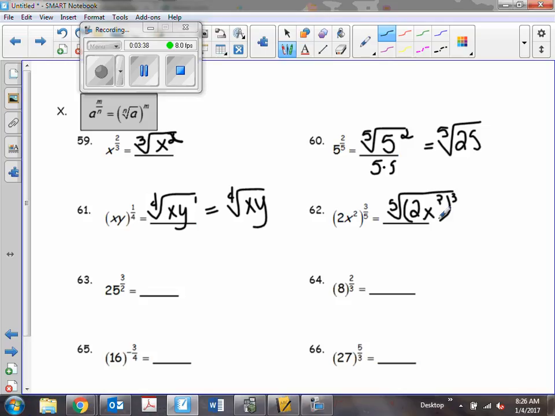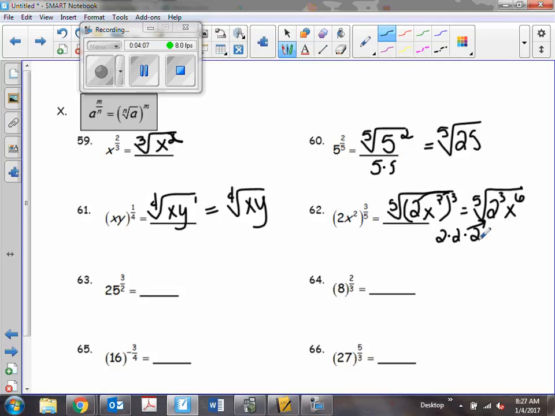So you are going to distribute that 3 to the 2 and that 3 to that x squared. So this will end up giving you the fifth root of 2 to the third, and then x to the, if I do 2 times 3, that gives me 6. Now I can simplify this down a little bit more because we know 2 to the third is saying 2 times 2 times 2.